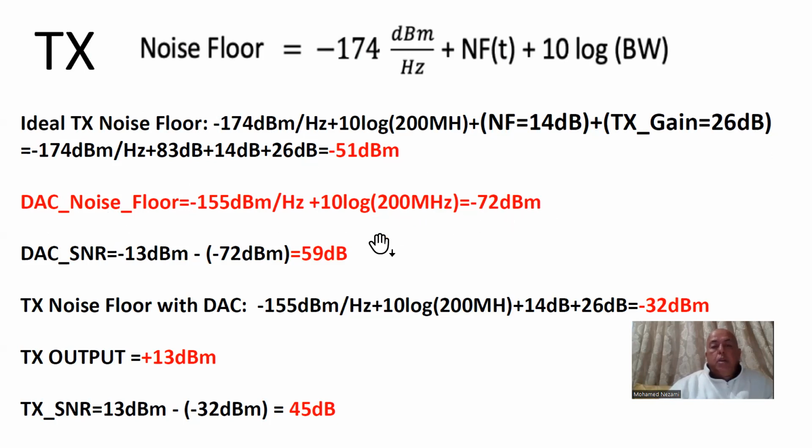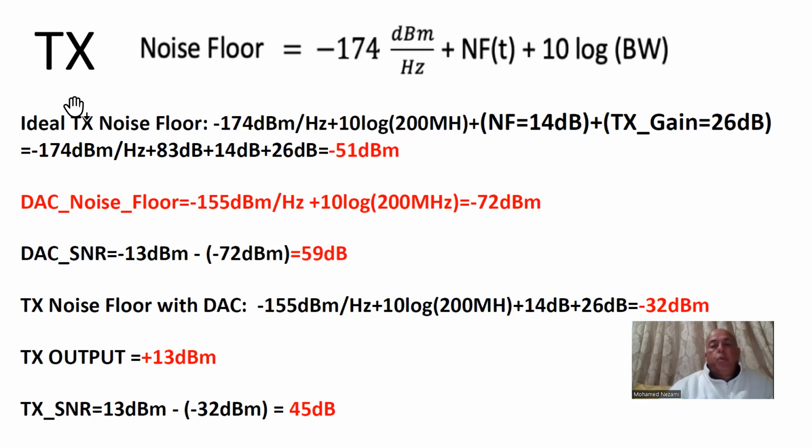Now, if the DAC is transmitting minus 13 dBm, which is what we intend to run it at, and you subtract that number from this, you get your DAC SNR output. That's 59 dB, okay?